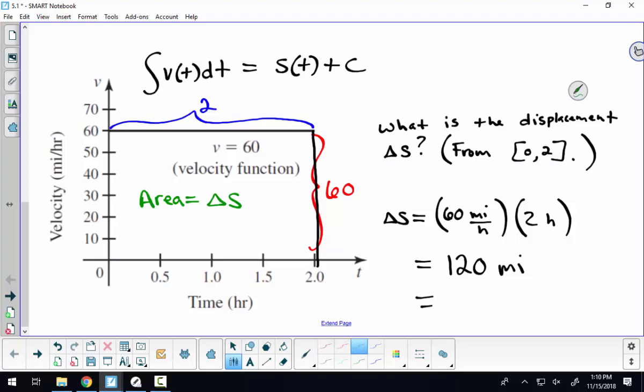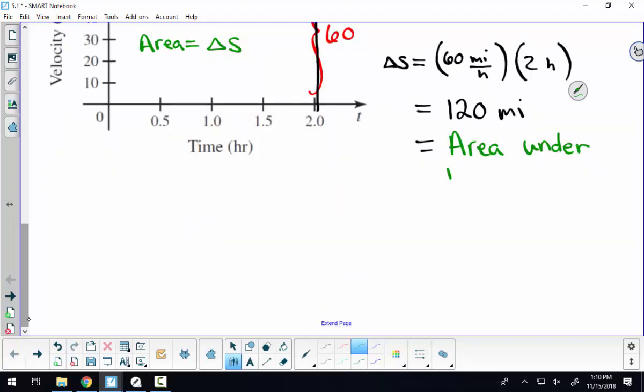So that's also, we'll just state for now, the area under the velocity, bound by the t-axis. It seems like a perfectly legitimate connection to make for a relatively straightforward velocity function.